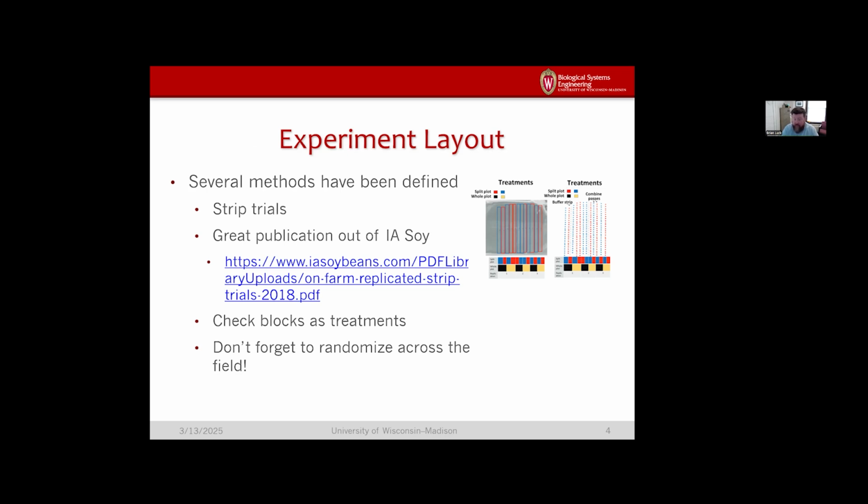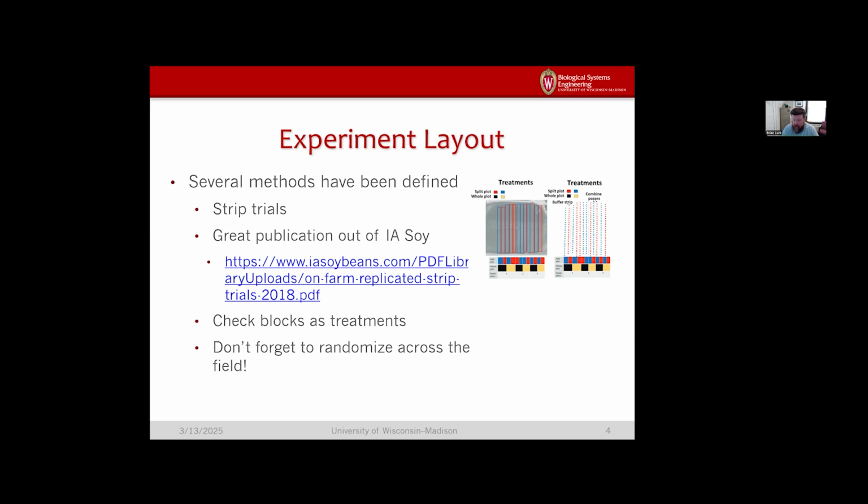We may be planting at, throw a number out there, 16, 18, 24 rows, who knows, wider. I hope not much wider than that, but that may exist, where our combine only harvests 6 or 8 rows. Or if you have a platform bean grain type head, we may be looking at 30, 40 feet, which is twice as wide as the planter.